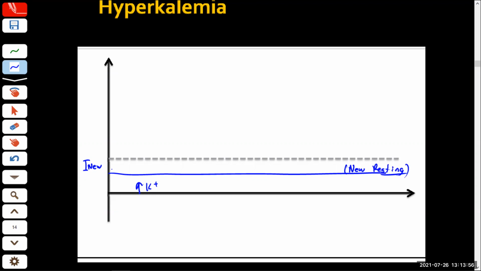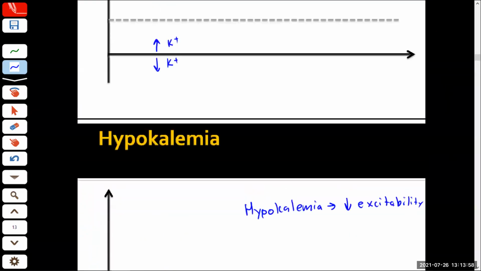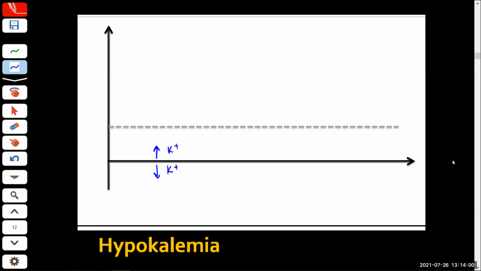Okay, so recapping on that first slide. This is why I draw it this way. Increase in potassium, hyperkalemia would raise your resting. Hypokalemia would lower your resting. Therefore, hyperkalemia, if you're moving that line in your mind, what happens to excitability?